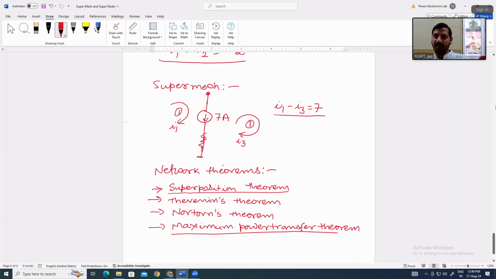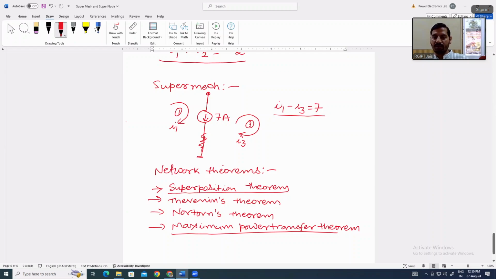Means any linear time invariant network can be transformed into an equivalent voltage source in series with the equivalent resistance or impedance. That is the principle of Thevenin's theorem.